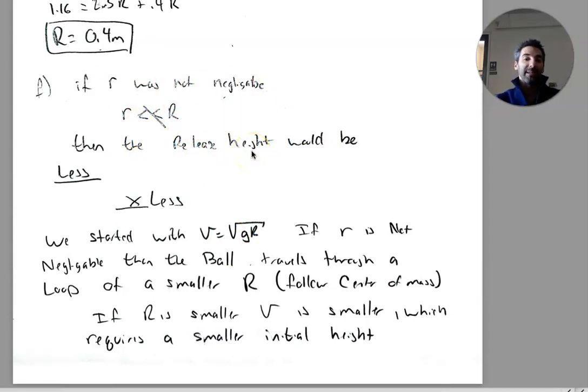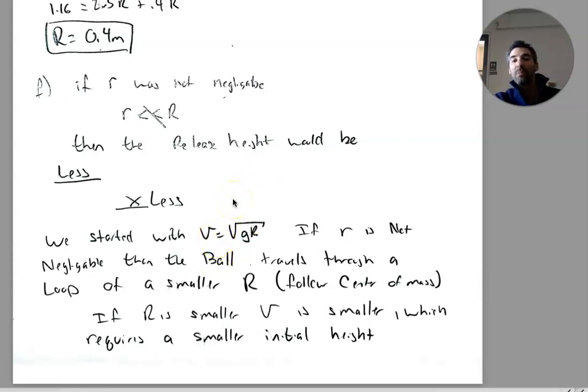Now, my thought process was comparing how fast that ball is going to go. So if r of the ball is bigger, then if I dropped it from that same height, 1.16, if I track the center of mass, it is actually going to fall a smaller distance. Thus, the loop is going to be smaller. Thus, my minimum velocity would be smaller.